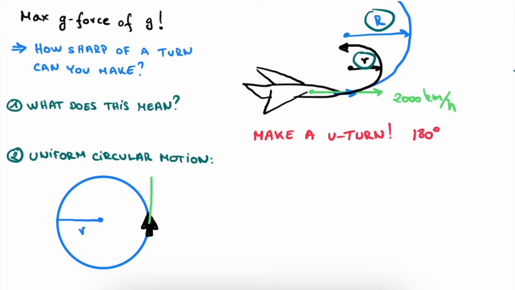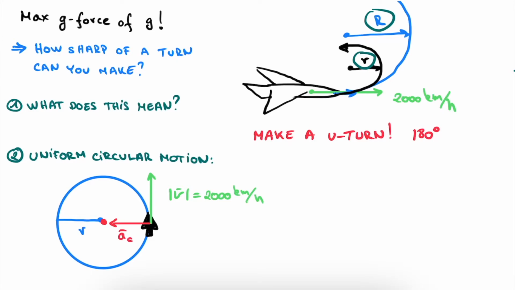We know that the magnitude of the tangential velocity in this case is simply equal to the magnitude of the velocity of our plane, this being 2000 kilometers per hour. We know in uniform circular motion that we always have a centripetal acceleration, and this centripetal acceleration will always be pointing towards the center of the circle. So here will be a_c.